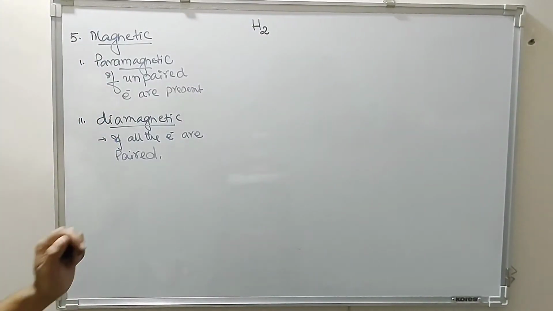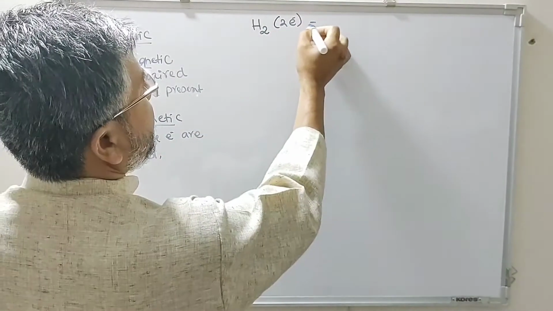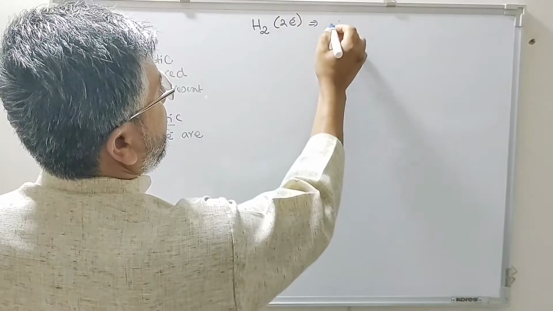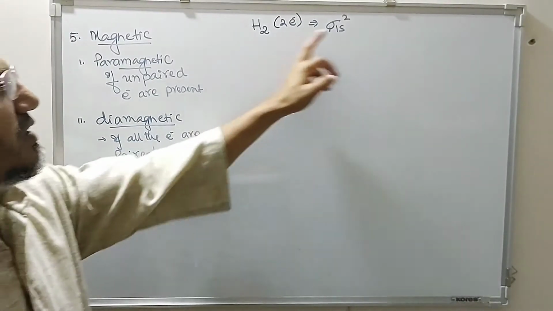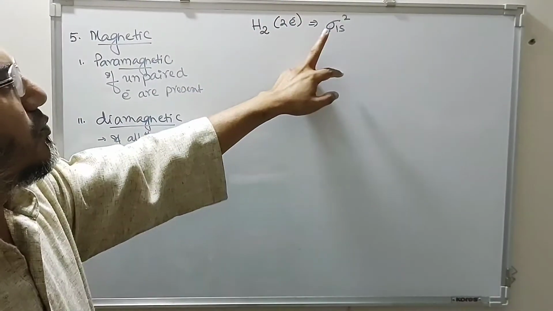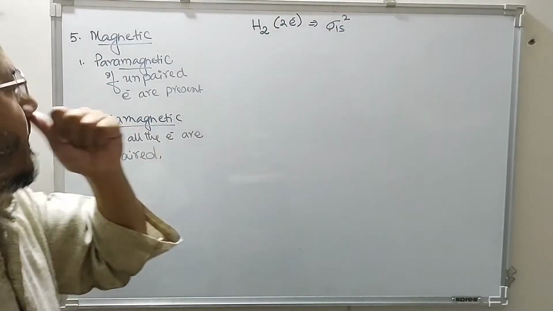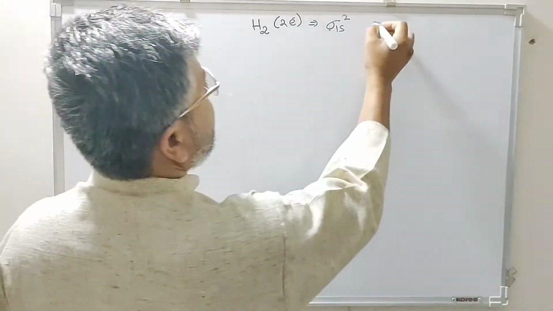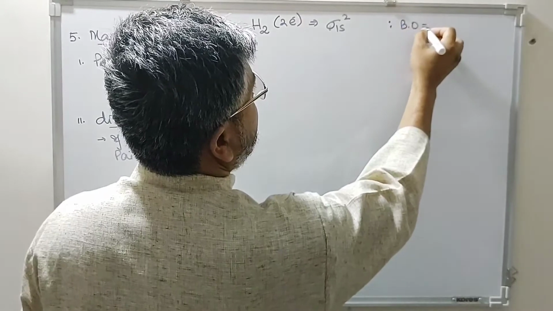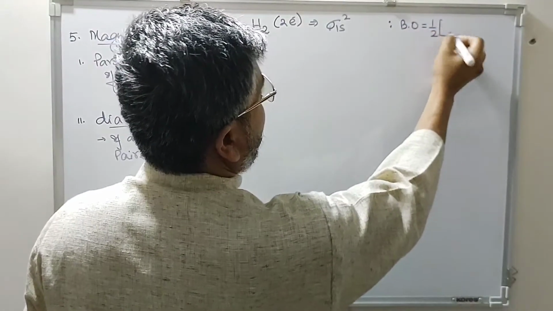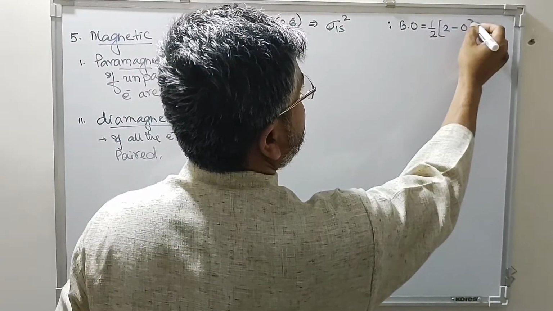The number of electrons in the hydrogen molecule is 2. So the electronic configuration is sigma 1s2. The lowest orbital is sigma 1s, and both electrons are present in sigma 1s, the bonding molecular orbital. Bond order is half times the number of electrons in bonding, 2, minus anti-bonding, 0.